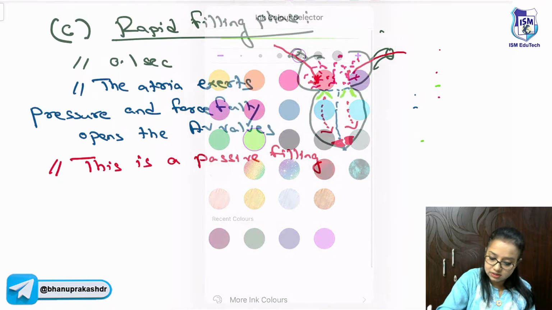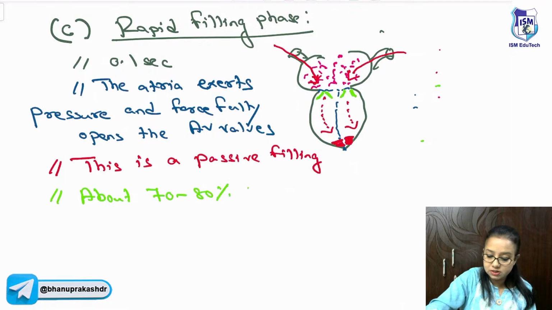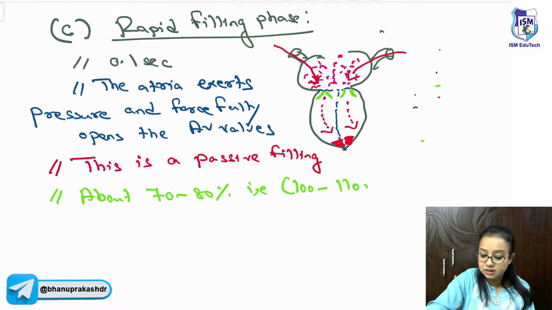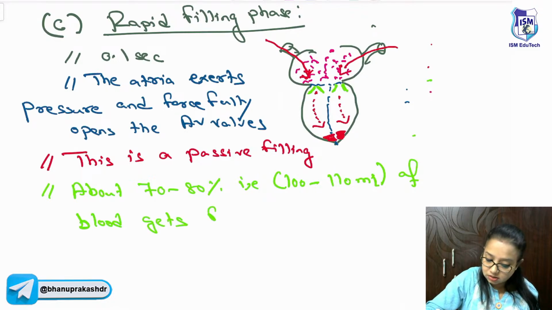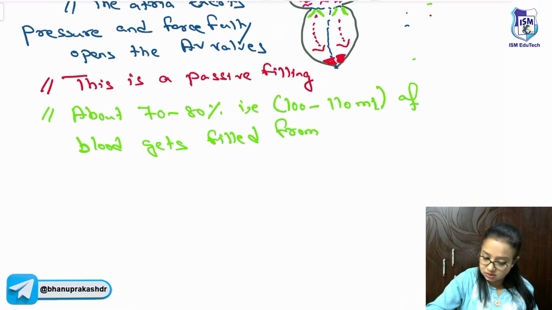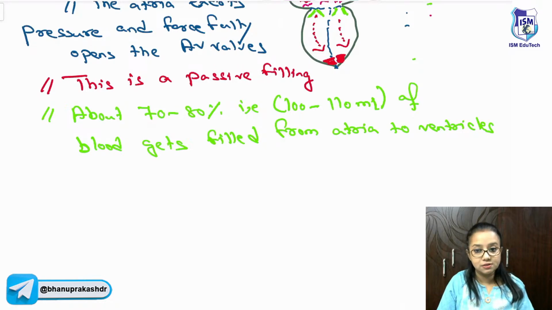Another point to remember is that about 70 to 80%, that is 100 to 110 ml of blood, gets filled from atria to ventricles by this passive filling.